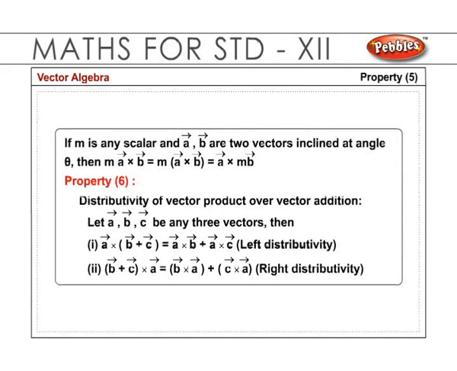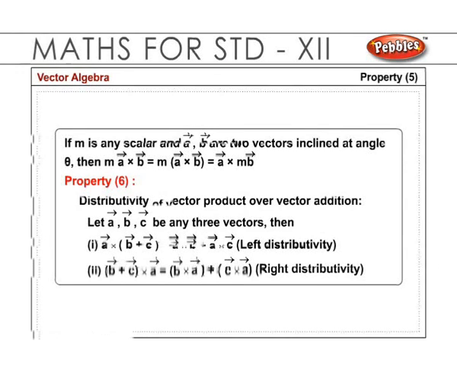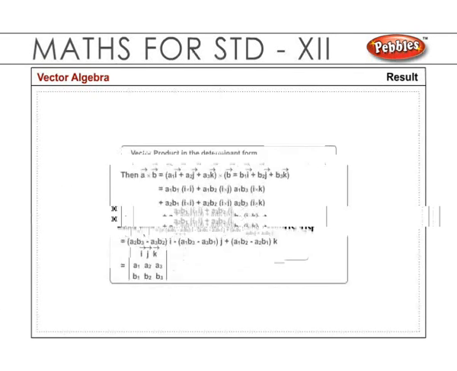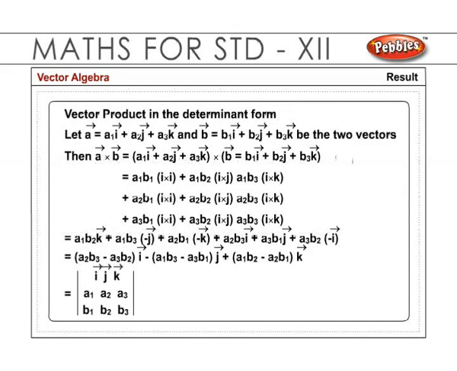Then 1. A cross (B + C) = A cross B + A cross C, left distributivity. 2. (B + C) cross A = (B cross A) + (C cross A), right distributivity. The result for property 6 is shown above.